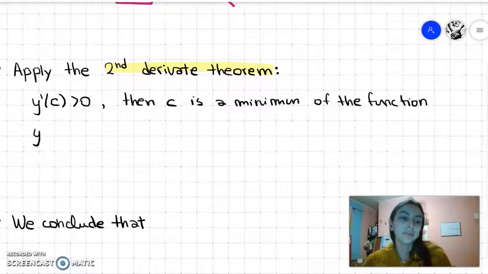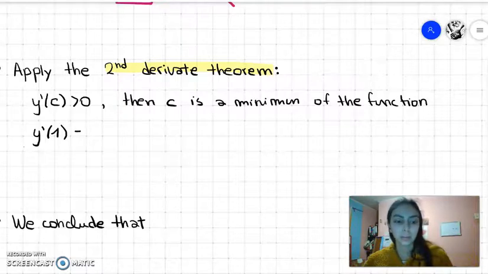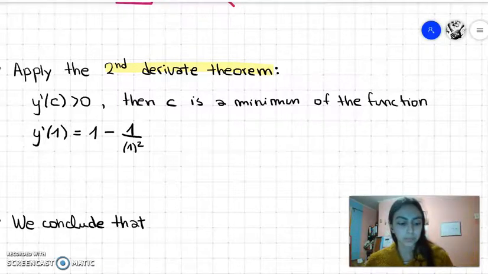So what if we evaluate the first derivative at 1? We'll have, if you remember, 1 minus 1 divided by 1 to the power of 2. I'm sorry, we're talking about the second derivative.